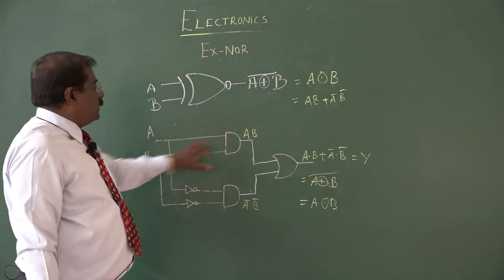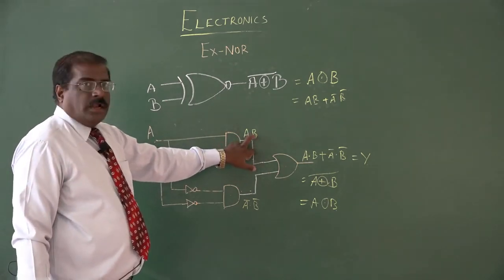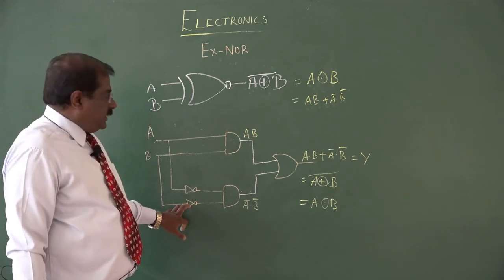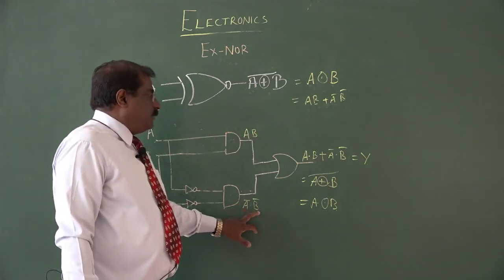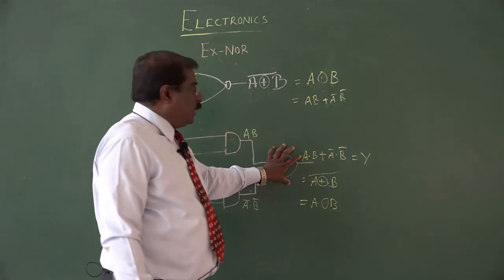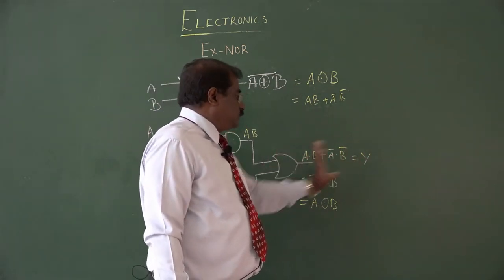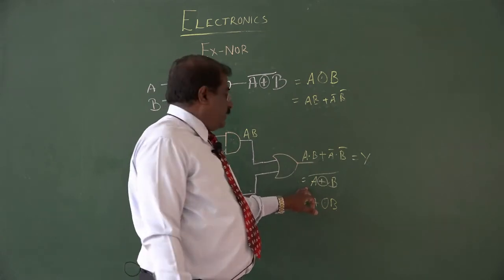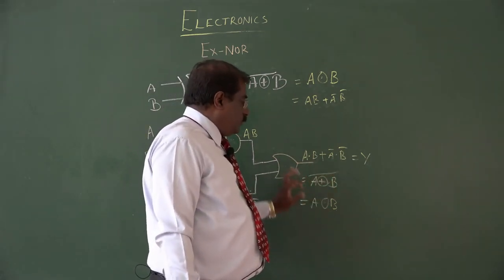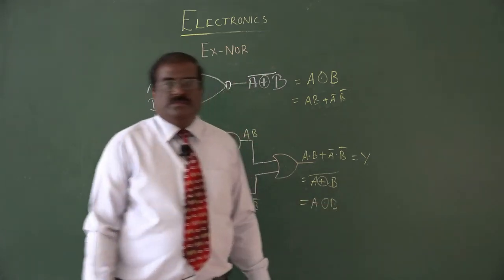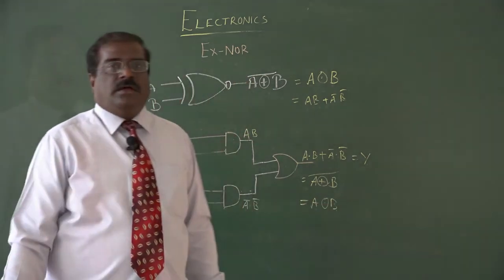So AB will be ANDed here, A and B. Here two inputs are NOTed, that is A bar dot B bar. Here ORed together, A dot B plus A bar dot B bar is equal to Y, that can also be written as A XOR B to the whole bar, or else A XNOR B. So this is about XNOR functions.